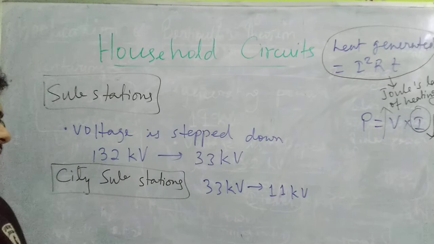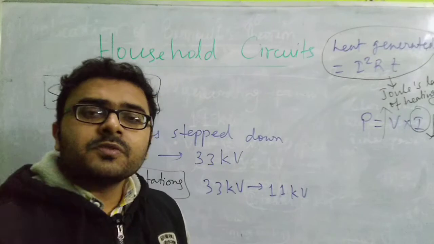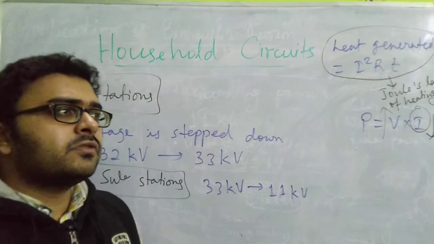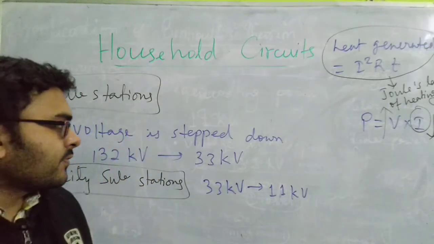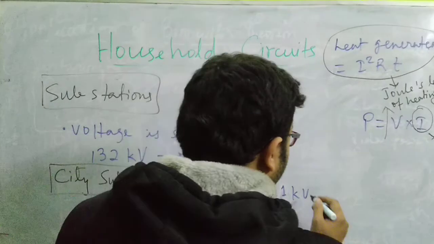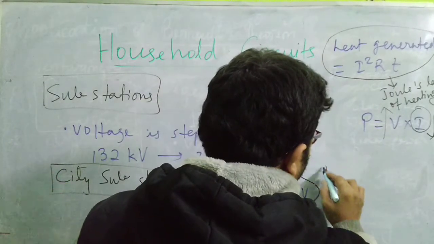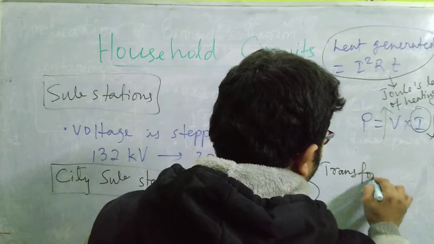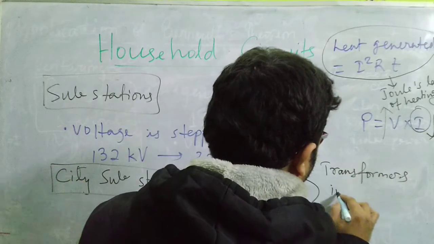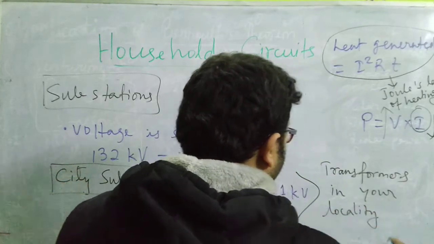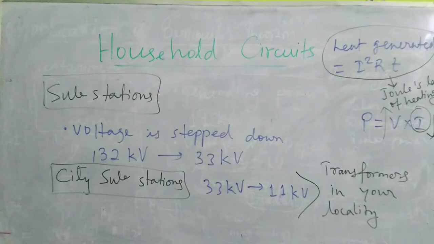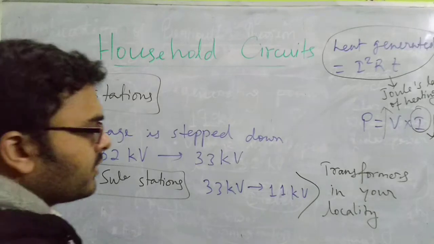Then from the city substations, what does it do? The power is being transmitted to the transformers in your locality. I think all of you have noticed the transformers in your locality. Here, the electrical energy is again stepped down from 11 kV to 440 volt.